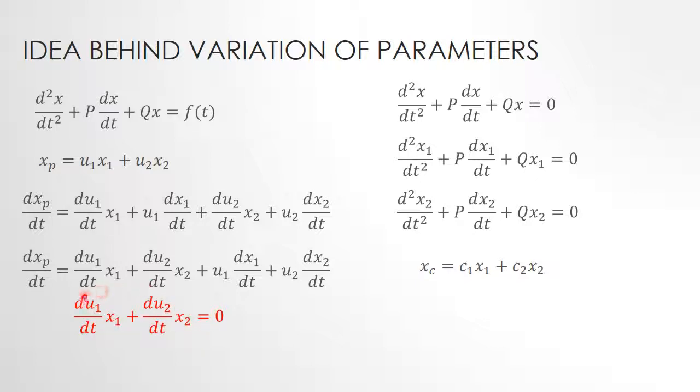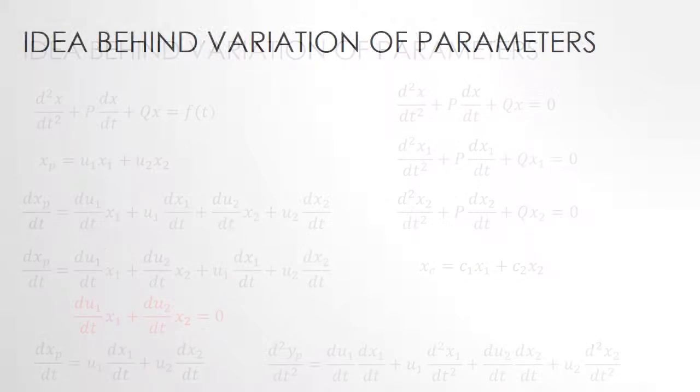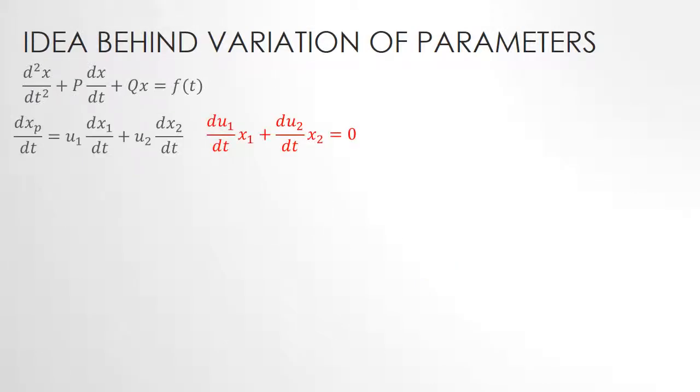So that's going to give me my first equation I have to use to help find my u1s and u2s. Then if I do that, my first derivative turns to this, and I can find my second derivative, which is of this form. So now that I have these two derivatives, what I'm going to do is add them up.